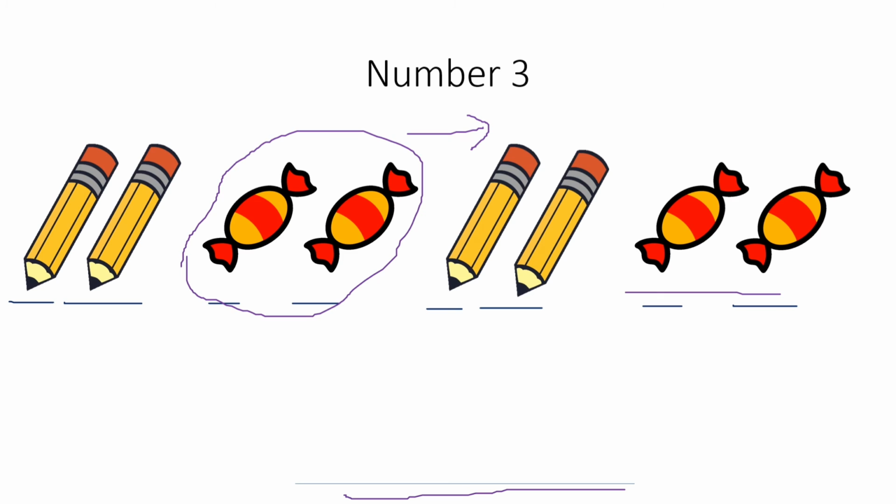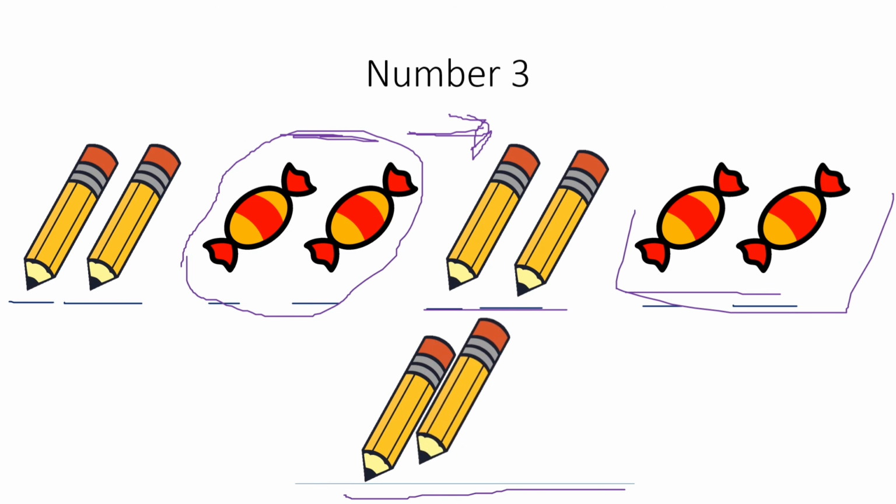After sweeties are pencils, because if we have two sweeties here, and after those sweeties we have two pencils which are here, that means after sweeties we have pencils. So after our sweeties in the pattern on this side, we get two pencils. So here we can see our pattern is complete because it is repeating itself, and after every sweetie there are two pencils, and after every two pencils there are two sweeties.